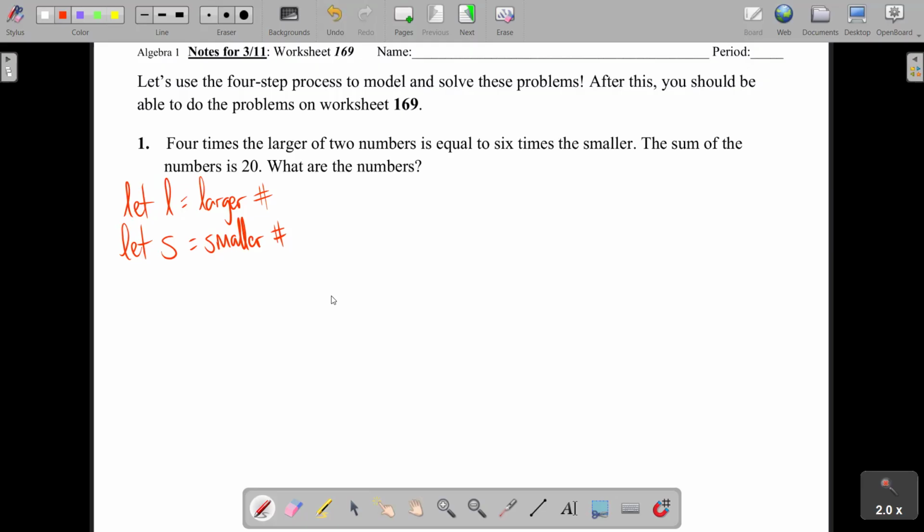Step two, I have to be able to read and understand an English sentence to turn it into a mathematical sentence. So let's begin with this much, let's chunk this much.